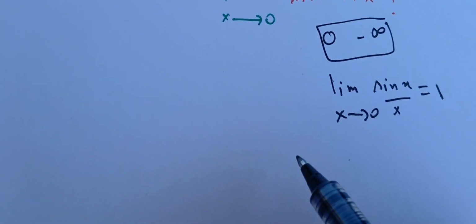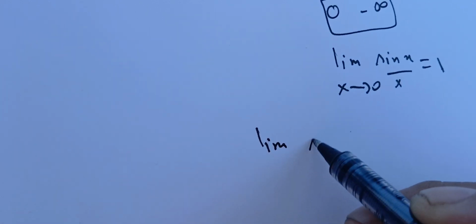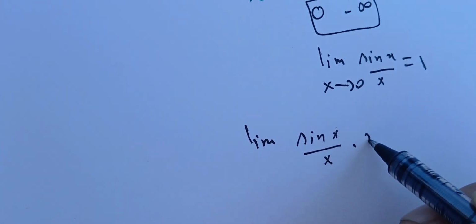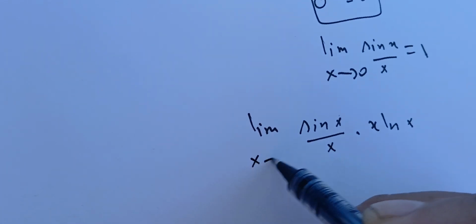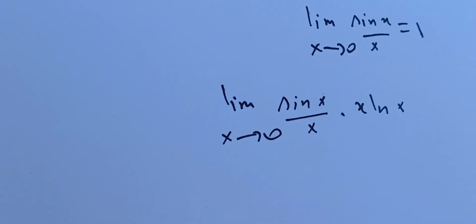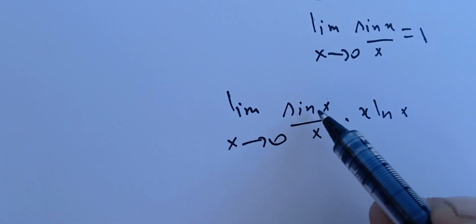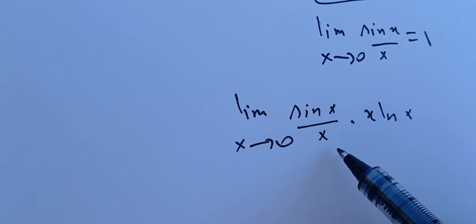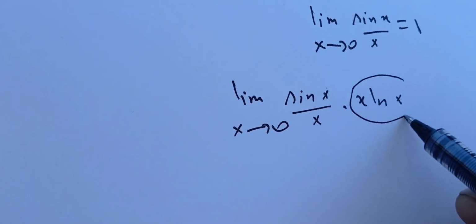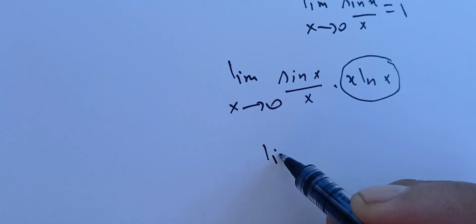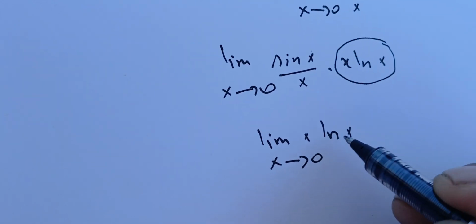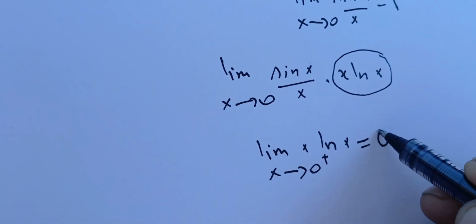So let's do it. We have the limit of sine of x over x times x ln of x as x goes to 0. Here we know the limit of sine of x over x as x goes to 0, and also this limit here, x ln of x as x goes to 0 from the right, is 0.